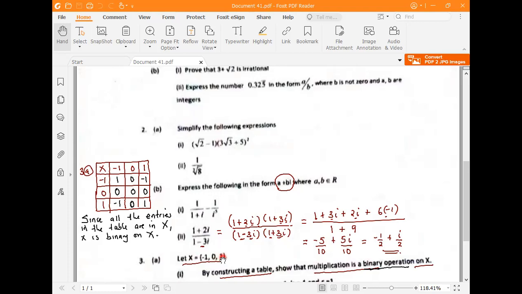When do we say it's not binary? If we got a number, say 2, which is not in the set X, after multiplying two numbers, then we are going to say, oh, it's not binary. But now whatever I've gotten is within X, so it's binary.